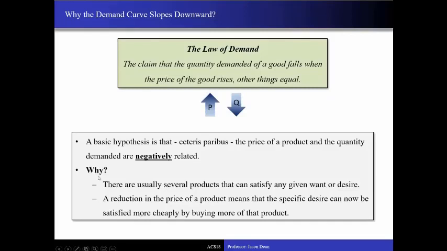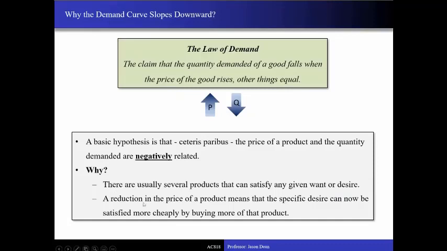There are some simple reasons we can think of to solidify this relationship. When the price increases, you think of the opportunity cost of your money. You could buy something else. That's one reason. Think about what you can do with your money. There are usually several different products you can buy that would satisfy your wants and desires.